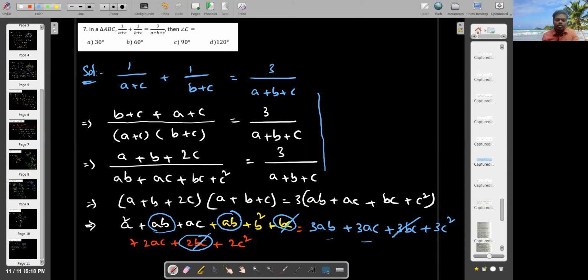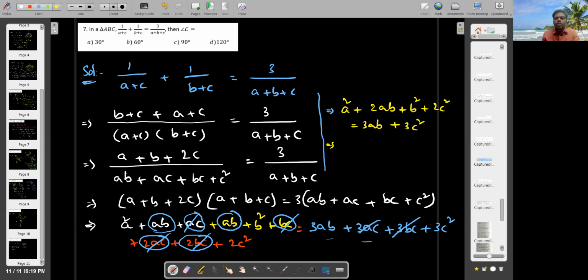Then 3ac, this is ac, this is 2ac. Total 3ac, and here 3ac gets cancelled. So the rest of the value is, this implies a square plus ab plus ab, 2ab plus b square plus 2c square equal to 3ab plus 3c square.